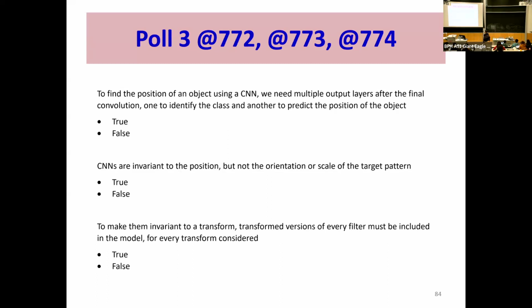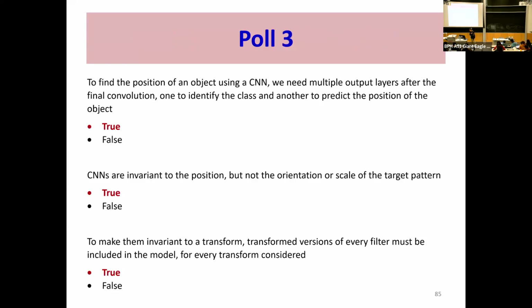Thank you, right? So if you check the answers to these, to find the position of an object, we need multiple output layers after the convolution: one to identify the class, and the second to detect the corners, the bounding box for the object, or the joints if it's a stick human being or whatever. And CNNs are invariant to position, but not to the orientation or scale of the target pattern.